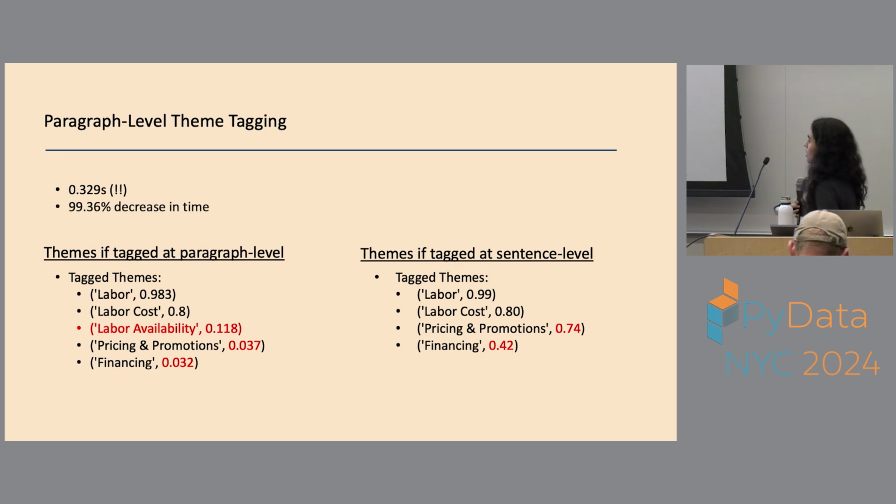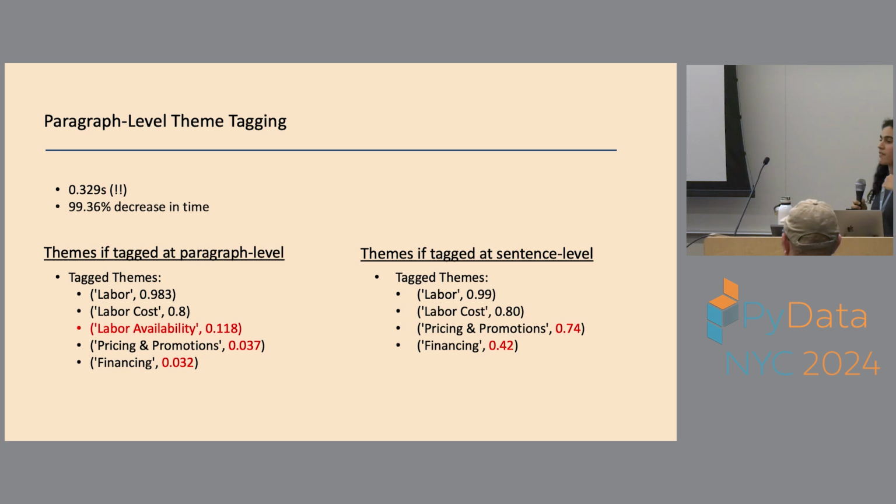So things are looking good for the first two labels. The paragraph embedding predicts labor availability, which the sentence level does not. And pricing, promotion, and financing have a higher confidence when done so at a sentence level rather than at a paragraph level. And if you think about this from an intuitive sense, that makes sense.